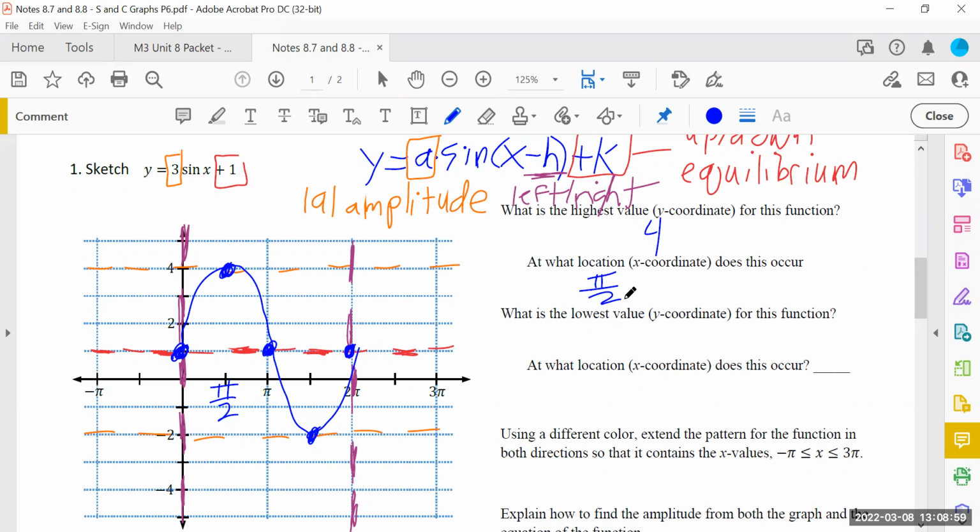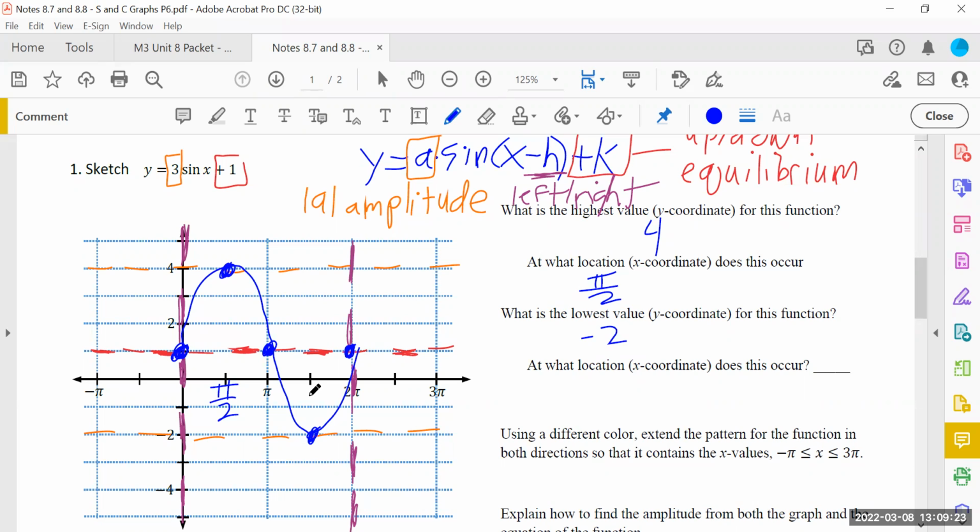What's the lowest value? Lowest y value on the graph. -2. And where does that happen? Yeah, so you can say 1.5 pi.